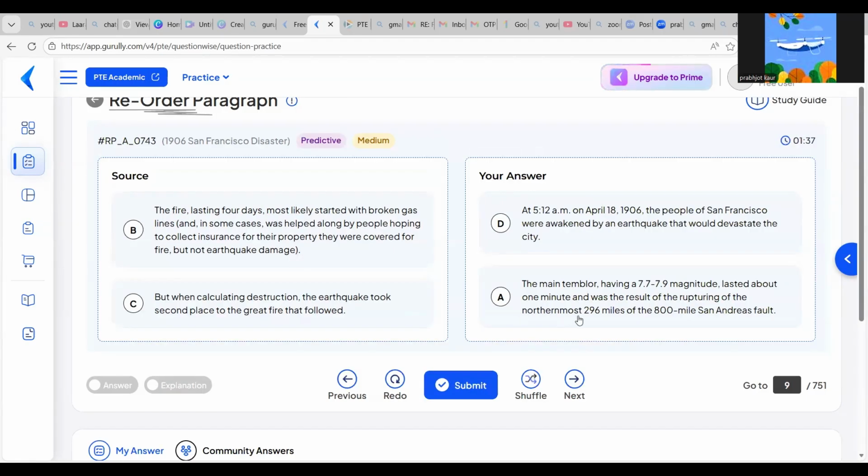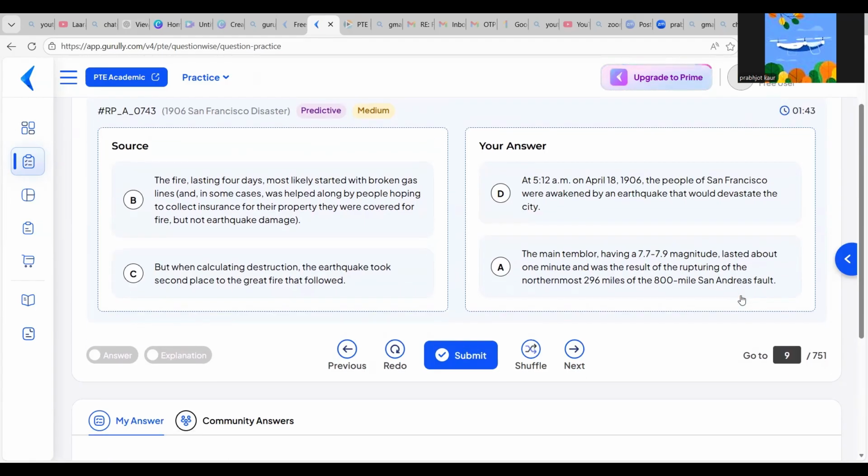Here is the mentioned time and magnitude, all the things, miles.